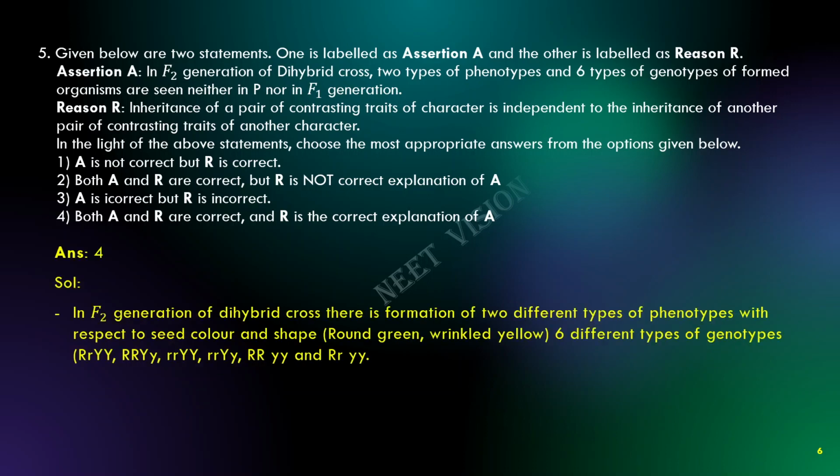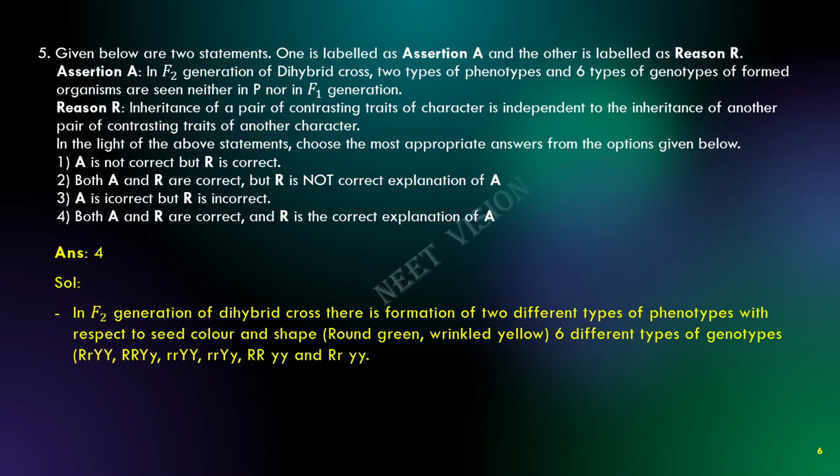In the F2 generation of a hybrid cross, there is a formation of different types of phenotypes with respect to seed color and shape. I have taken an example here, shape and color of the seed: round green, wrinkled yellow. So round green and wrinkled yellow are entirely different from the parental and F1 generation. There are 6 different types of genotypes.